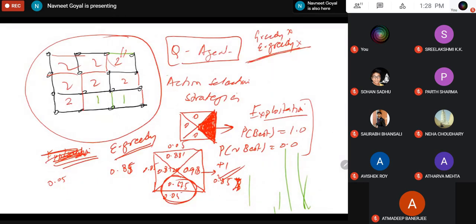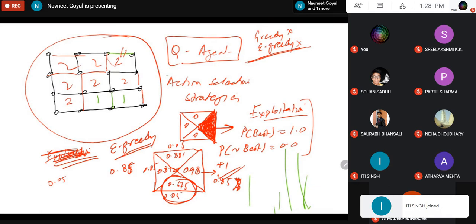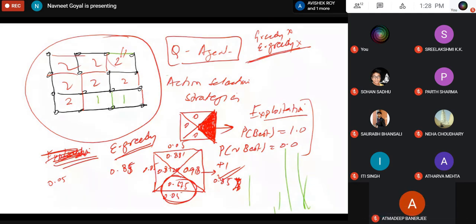I want exploration, but at the same time I want to minimize the probability of picking up the worst value or the worst option. So what do I do?